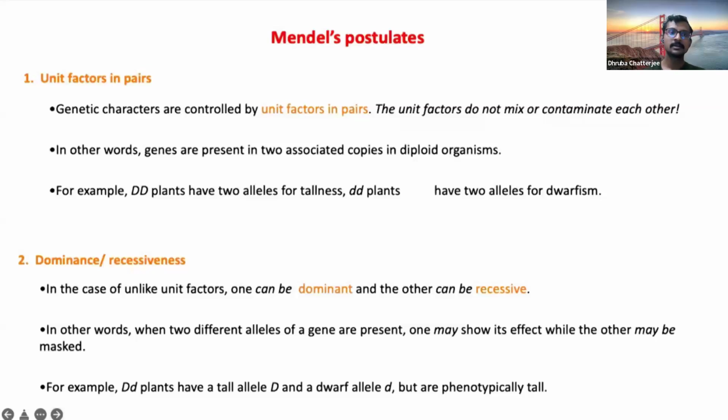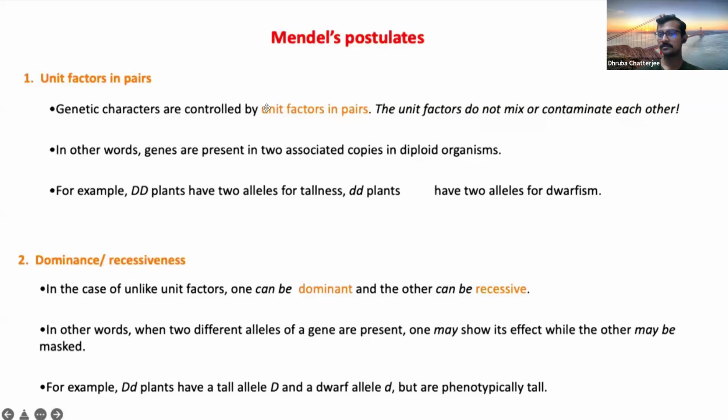What Mendel postulated from his experiments was that behind the phenotypes, there must be some underlying factors. He could not unravel the chemical nature of the factor, but he could predict and observe, and he postulated that the factors exist in pairs.